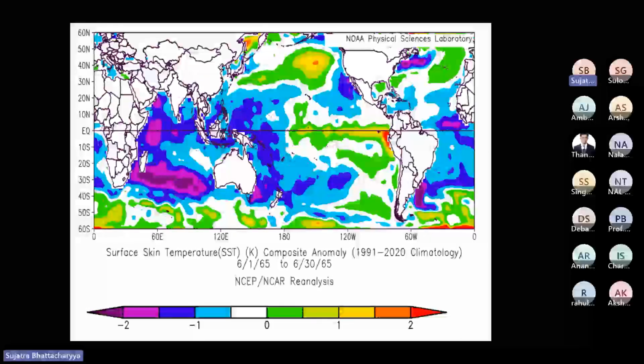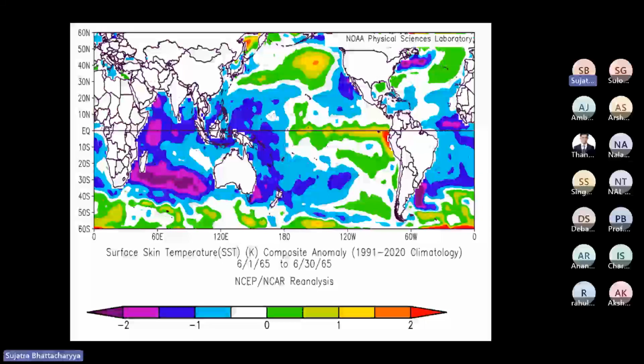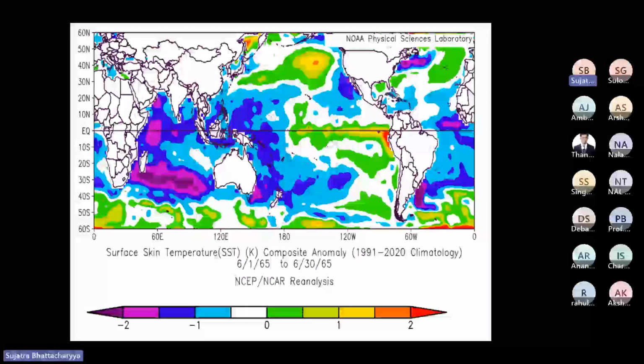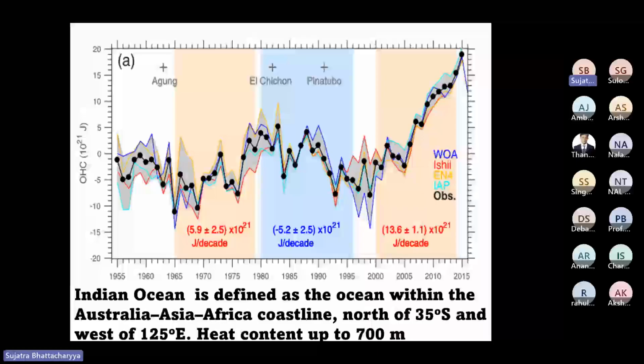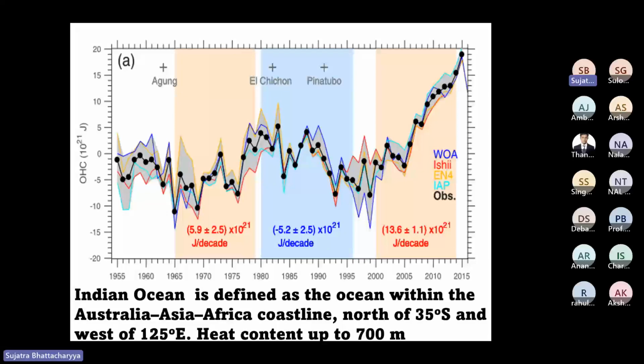Okay, so I thought this was an error, but when I looked up the volcanic chart, there was a volcanic eruption at Agung. Okay? And I was still not convinced because I had my doubts. Then I saw this interesting paper, written for a different purpose. They're looking at the heat content up to 700 meters in the Indian Ocean and how it's changing. Because all of you know, the Indian Ocean has a new feature, it's warming a lot due to global warming.